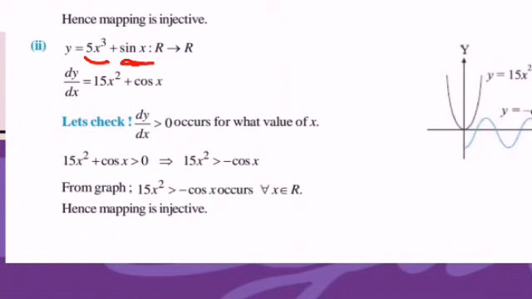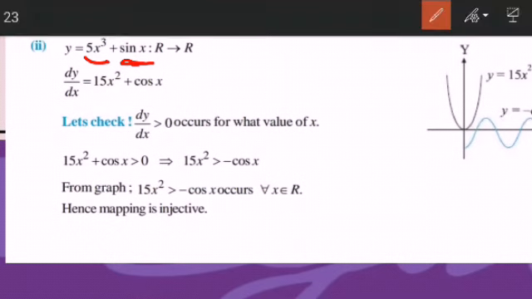So 15x square plus cos x is always positive. Transposing cos x, 15x square is greater than minus cos x. The left side is one graph and the right side is the graph of minus cos x. So 15x square is always greater than minus cos x.